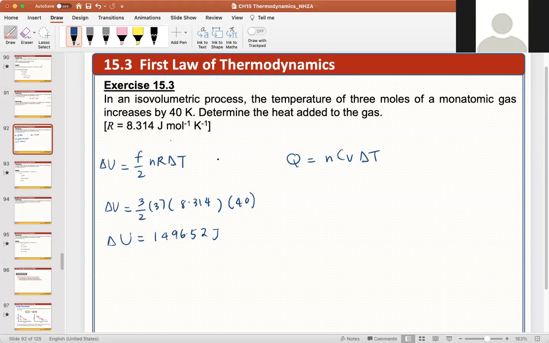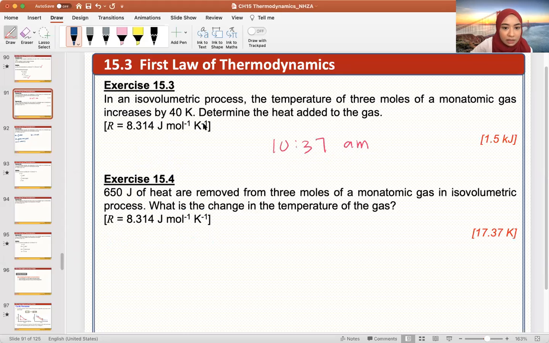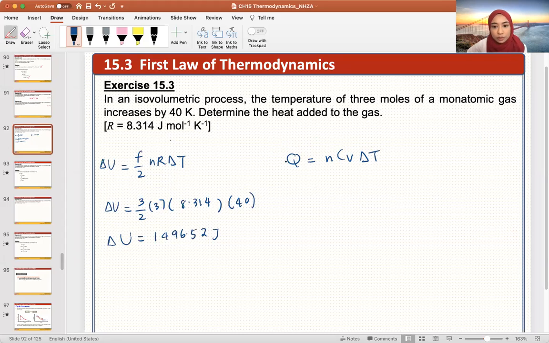So jawapan awak ni 1496 ni, is it the answer? Okay. If you look, delta U and Q is the same. Sebab apa? CV is equal to 3/2 R delta T. So Q and delta U is the same.